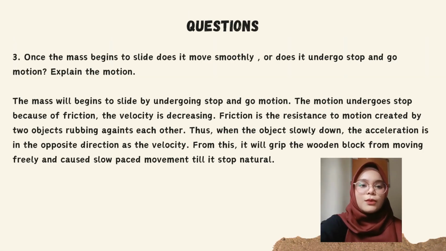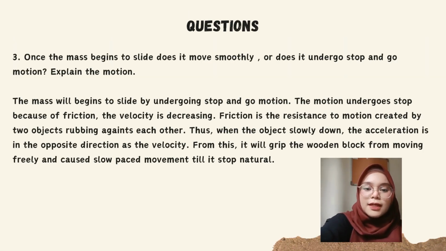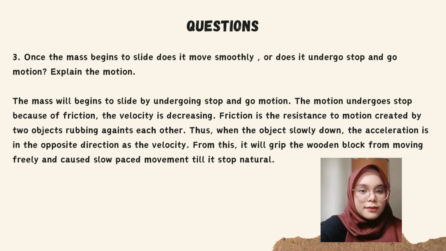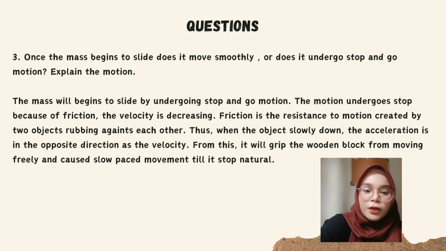Question 3. Once the mass begins to slide, does it move smoothly or does it undergo stop and go motion? Explain the motion. The mass will slide by undergoing stop and go motion. The motion stops because of friction. The velocity is decreasing.